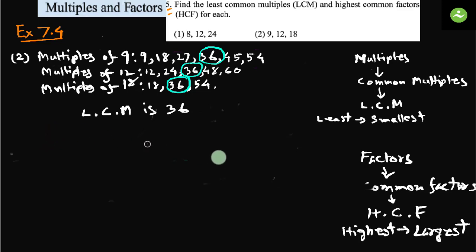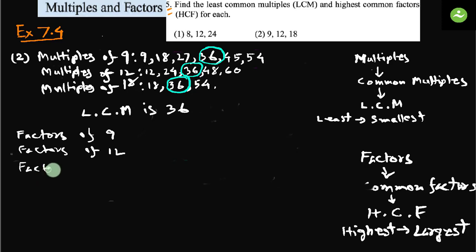Next, factors. First we find the factors. Factors of 9, factors of 12, factors of 18.